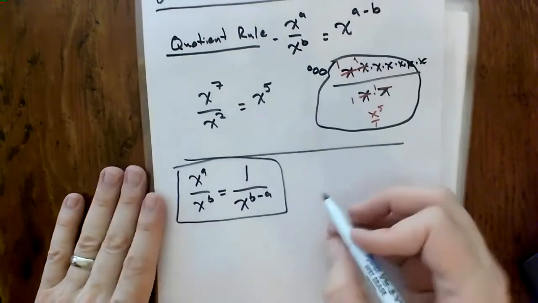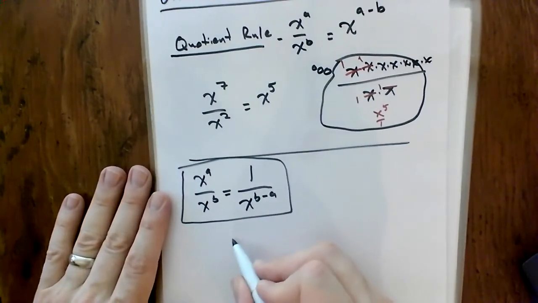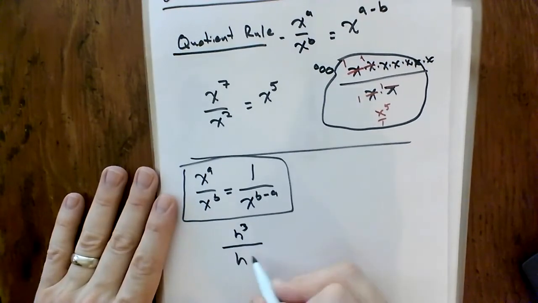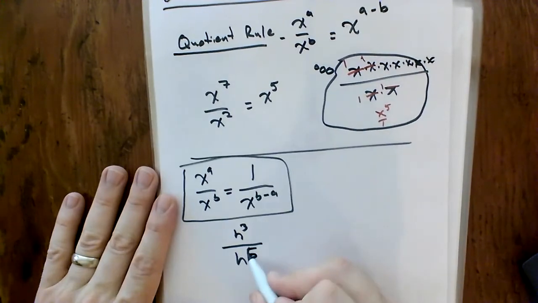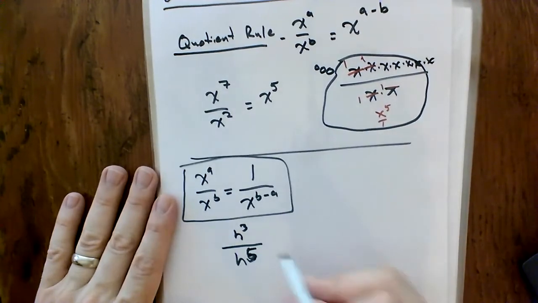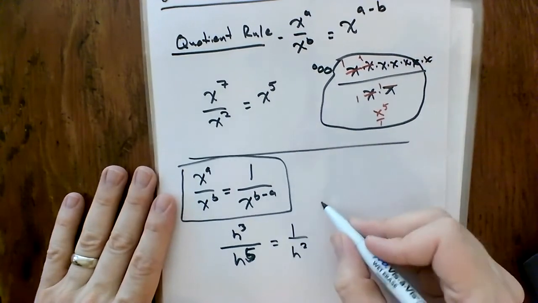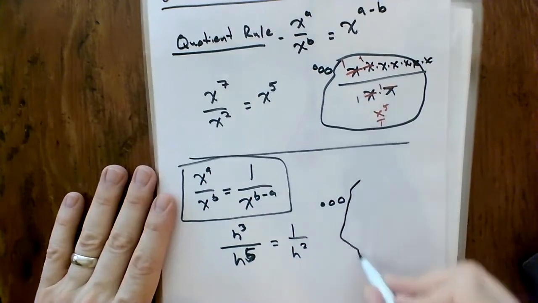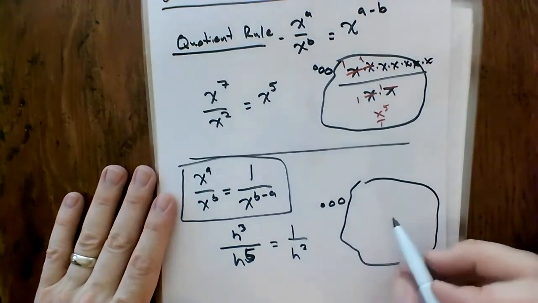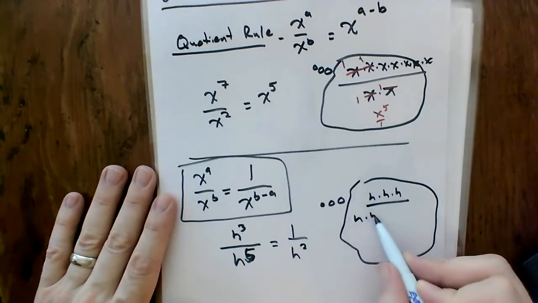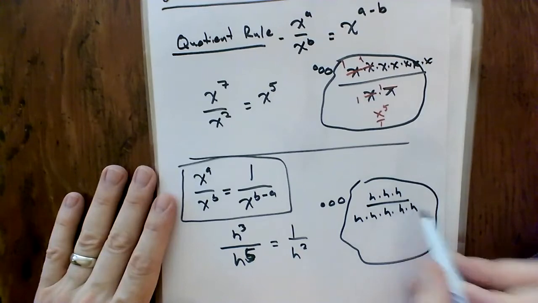So, for example, say I've got h cubed over h to the 5th. This is going to be 1 over h to the 2nd power. And again, our thought process here is very much like a fraction. I'll have h times h times h over h times h times h times h times h.